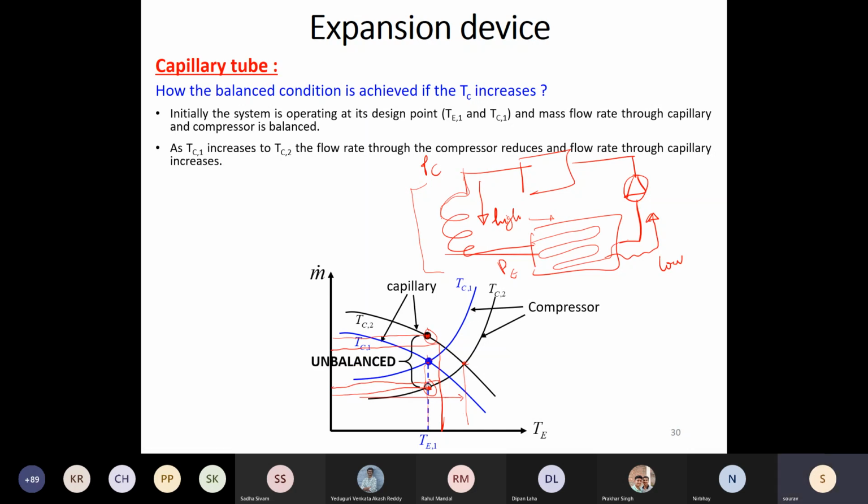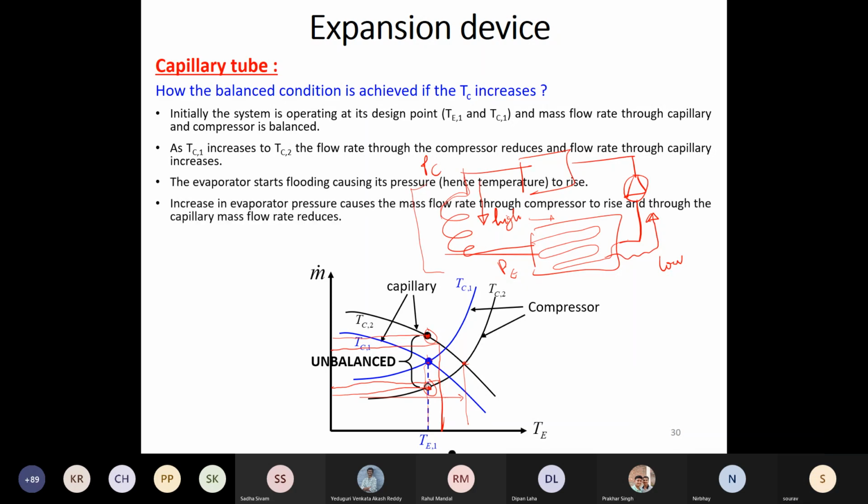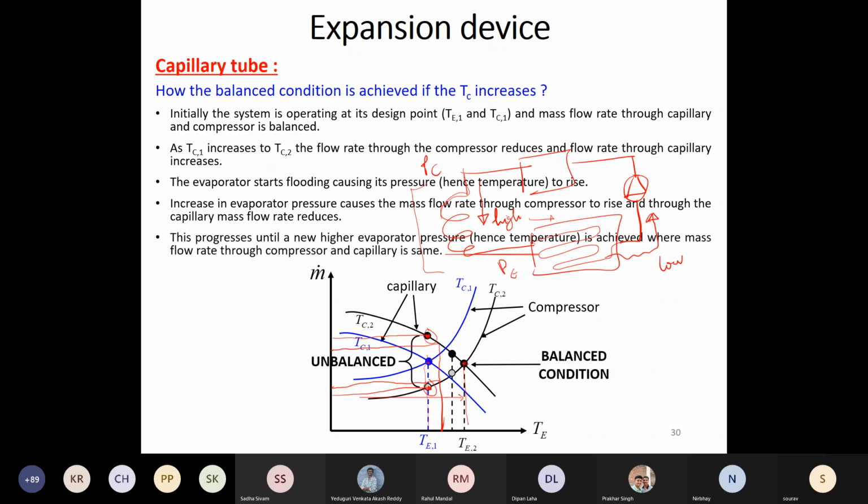So this balanced condition is attained due to an imbalance in the intermediate conditions. And during this process, the evaporator is getting flooded.